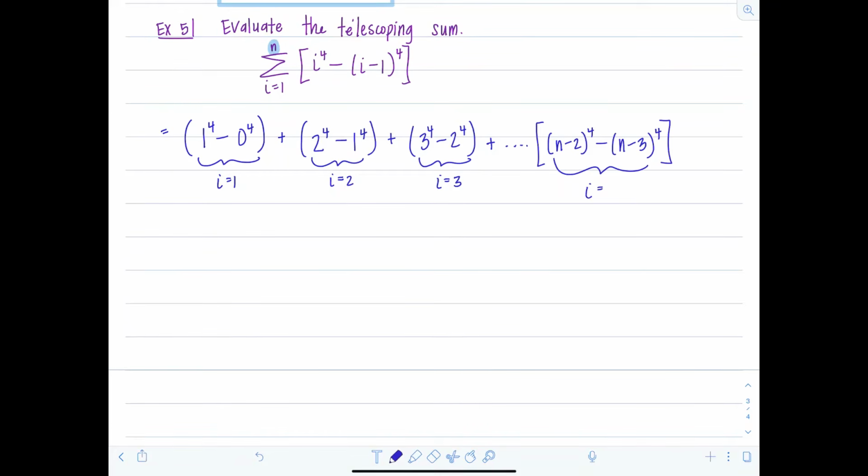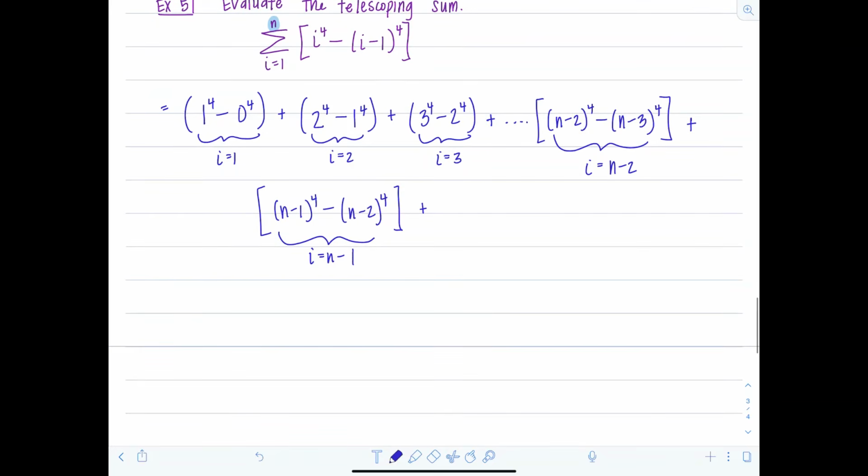That's for i equals n minus 2. Plus, if I'm substituting in n minus 1 for i, I'll have n minus 1 to the 4th minus n minus 2 to the 4th. This is for i equals n minus 1. And then my last term would be i equals n. So I'd have n to the 4th minus n minus 1 to the 4th.